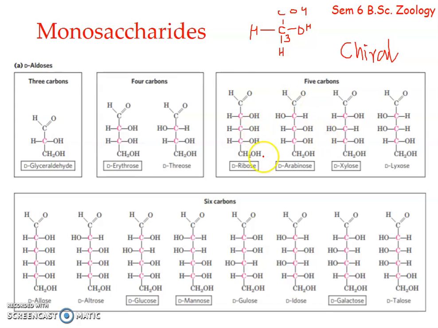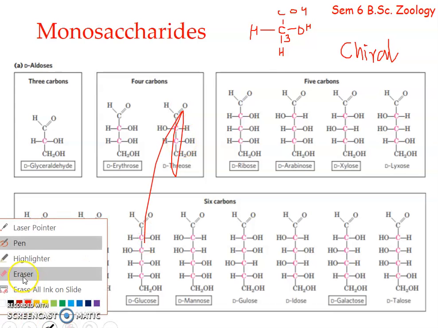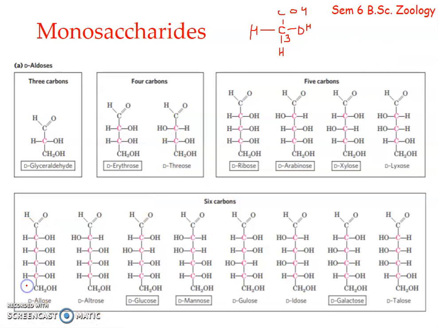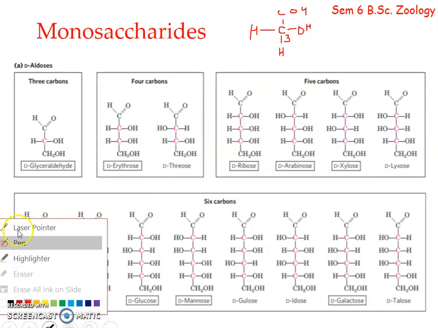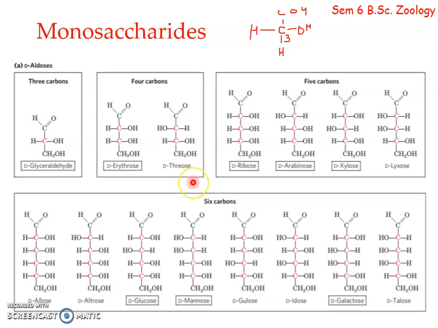Okay, and this is what is known as the open chain, or straight chain. Obviously, there are different properties which completely depend on the open chain existence of monosaccharides.